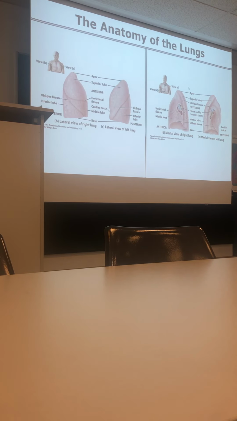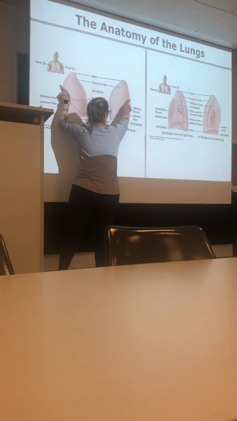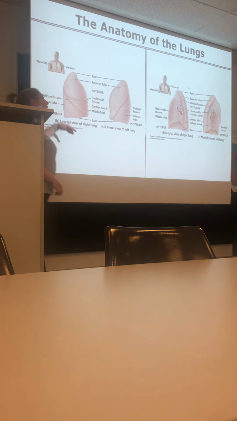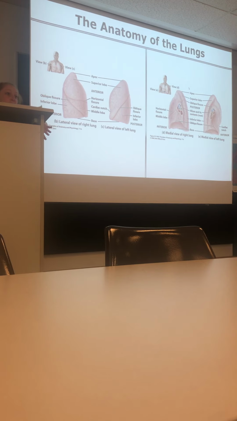So we can see here our different fissures. So this is the right lung, okay? We can see this long oblique fissure, okay? And if you were to compare both lungs, the oblique fissure almost looks the same in both lungs, right? It's pretty long and it comes down. This is the left lung, this is the right lung, and we have an oblique fissure. But our right lung has 1 extra lobe.